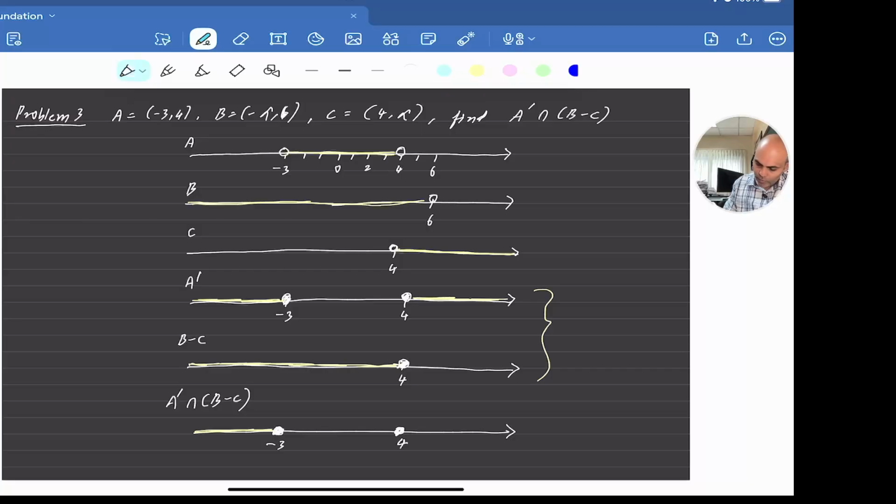So our answer is A prime intersection B minus C is (-∞, -3] union {4}.